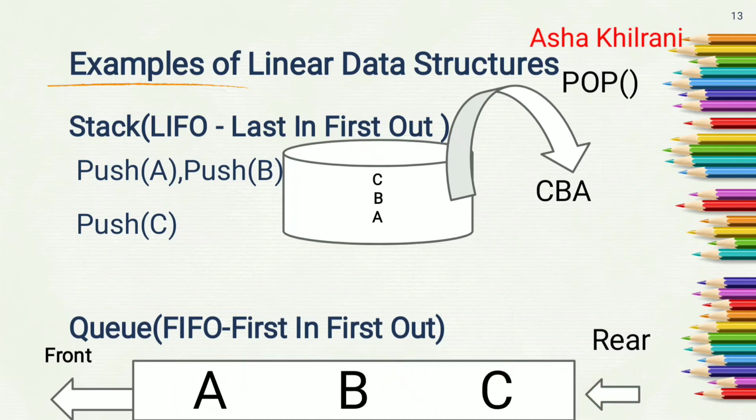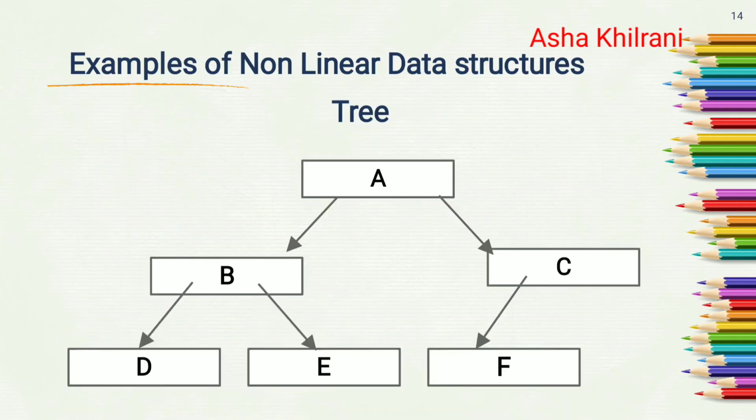So in a linear data structure we know the order of data elements, while in non-linear data structures data elements are not arranged in sequential order. The first example of a non-linear data structure is the tree, in which A is the root node and B and C are the left and right child of A respectively.